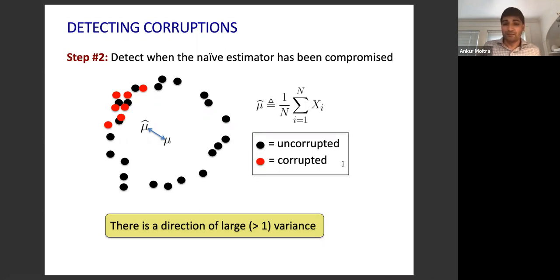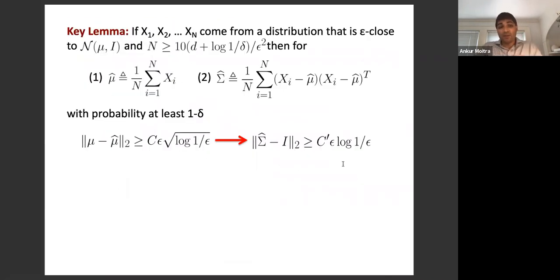That's it. So what's the key lemma that you can prove is that if you take samples from a distribution that's epsilon close to a spherical Gaussian, and you take about d over epsilon squared samples, which is within a constant factor of the information theoretic minimum, then you can take the empirical mean of that distribution and the empirical covariance.